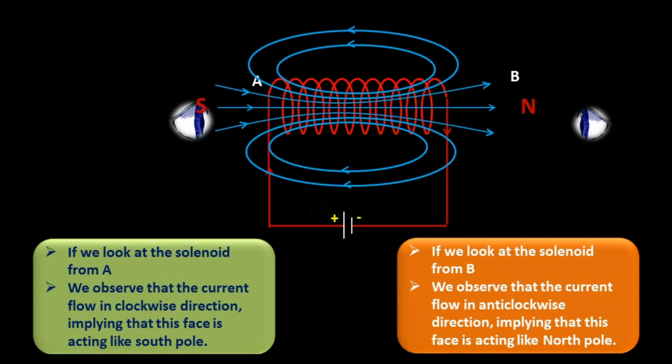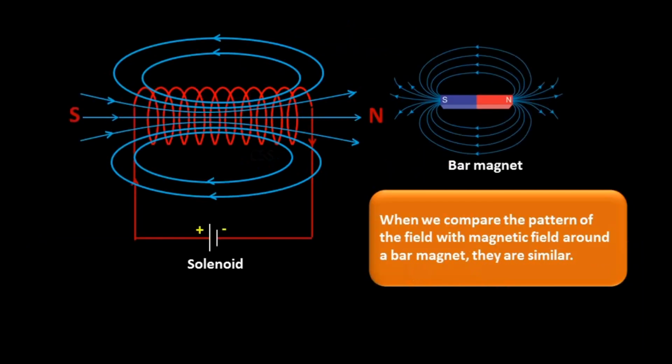When current passes through this solenoid, it produces magnetism, it produces magnetic field. So it has also two poles like a bar magnet, and they act like a south and north pole when electric current passes through the solenoid.